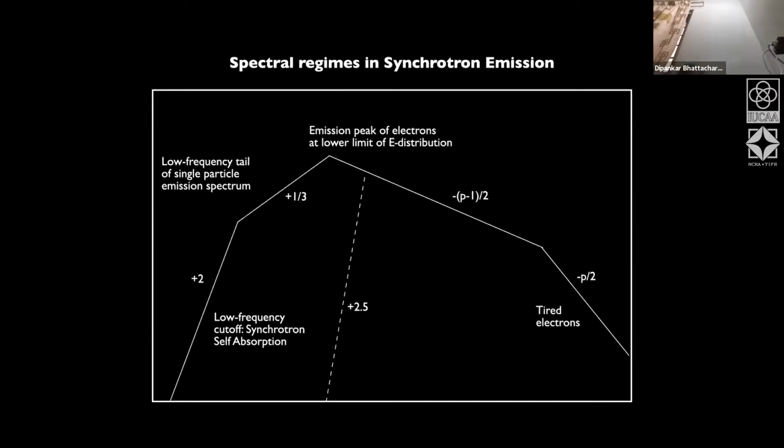Now, there are other possibilities for the low energy part of the spectrum. If this spectrum did not become optically thick at the point where I have shown, where the dashed line joins the solid line, but if the power law distribution of energies has a lower cutoff, then there will be a corresponding frequency for the lower cutoff in energy.